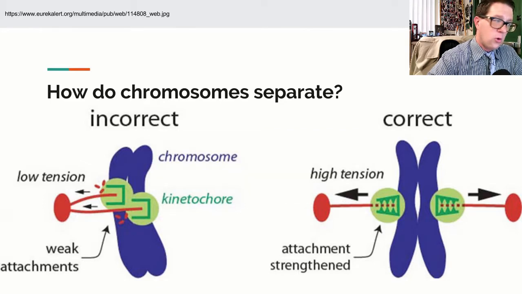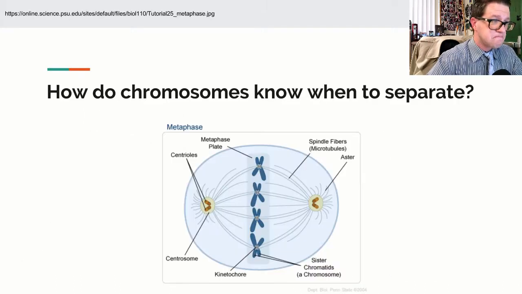The kinetochore, when aligned up perfectly, is capable of separating. When they don't line up, they don't separate, or at least they're not supposed to separate. And clearly there's something going on here that tells the cell that the kinetochores are free to separate or not free to separate. There's some type of communication going on.